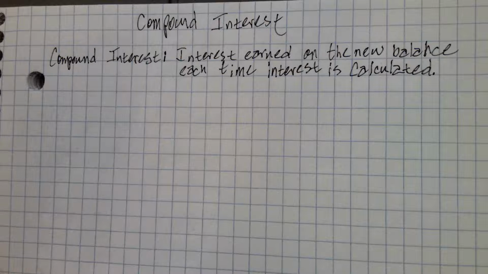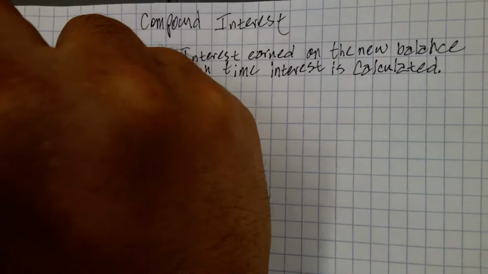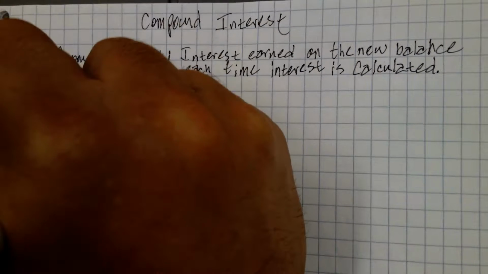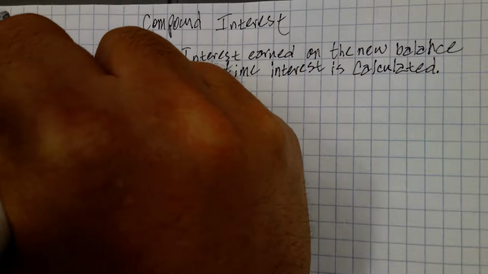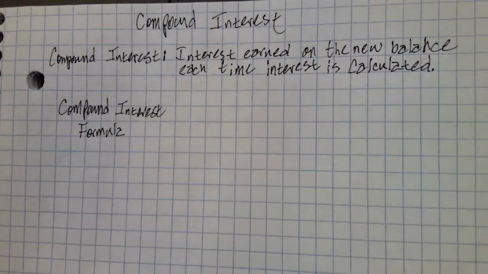Okay? So I want to talk about the compound interest formula. And next year in algebra, we're going to change it a little bit more, just slightly. But write this down.